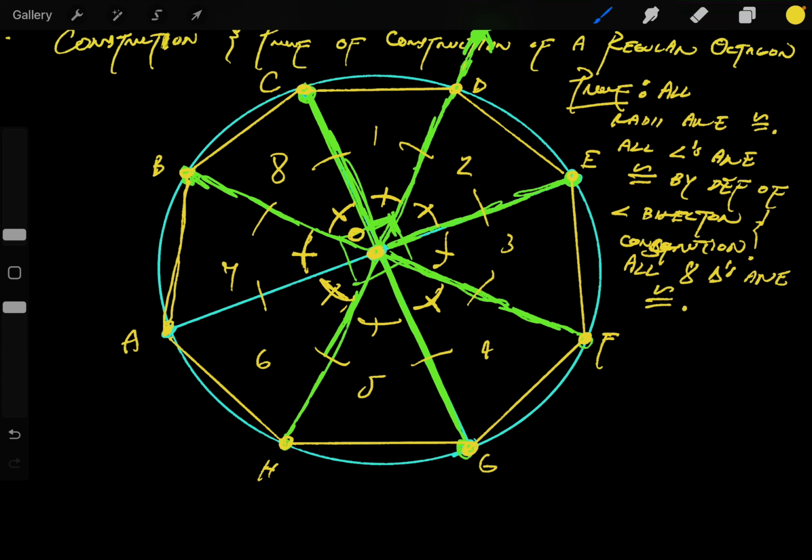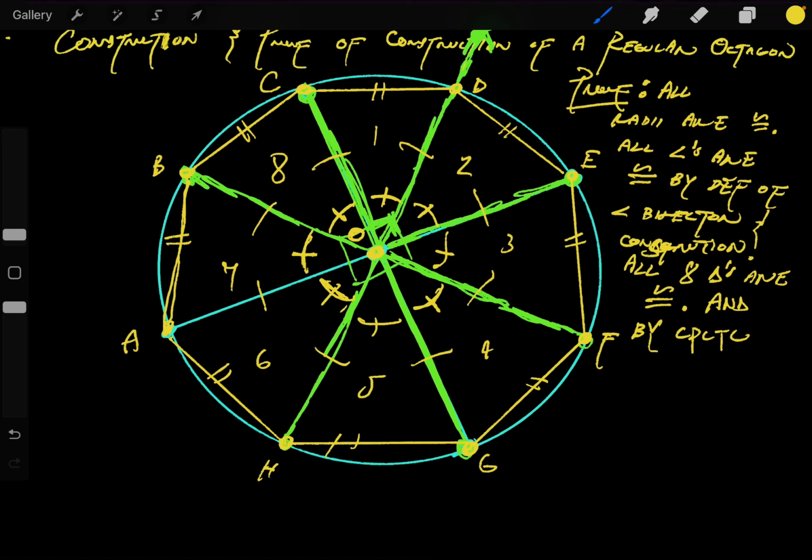Therefore, all your triangles are congruent, and by CPCTC, all the sides are congruent. So this is the same as this, the same as this, the same as this, right?